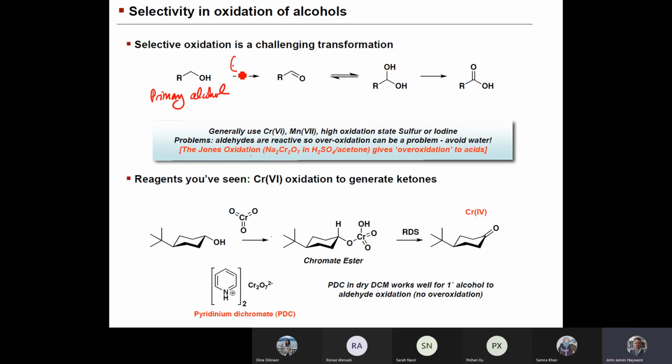And then we do an oxidation using, let's say, something like the Jones oxidation. So chromium 6 in sulfuric acid, acetone, water. Well, initially you get the aldehyde, but in the presence of water, it forms the hydrate. Most aldehydes will form about a 50% hydrate.